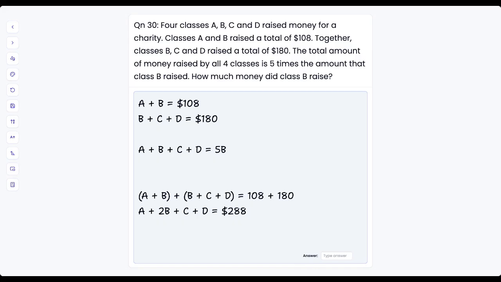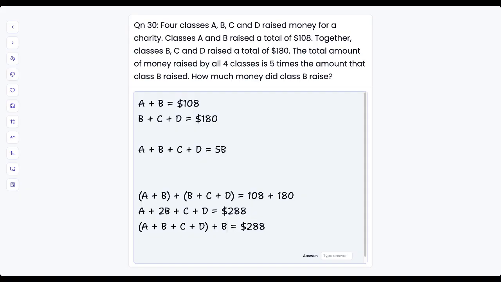Okay, so now we also know that A plus B plus C plus D is 5B. So what we can do is move this into something like this. A plus B plus C plus D, this whole thing, we can swap. It's the same, right? Because we have 2B.